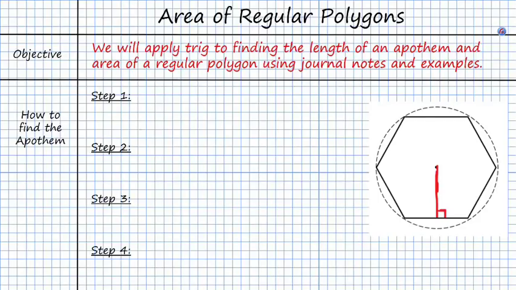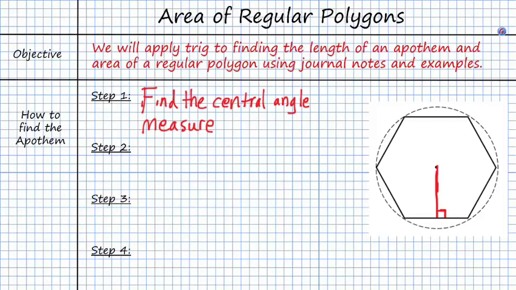So we have a four-step process to do this. Step one is that we're going to find the central angle measure. And how will this help us find the apothem?